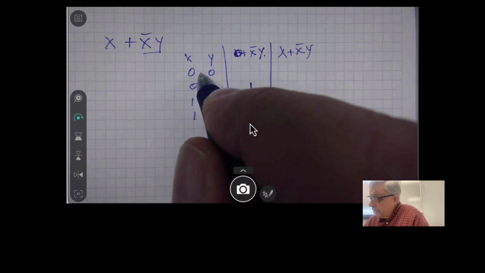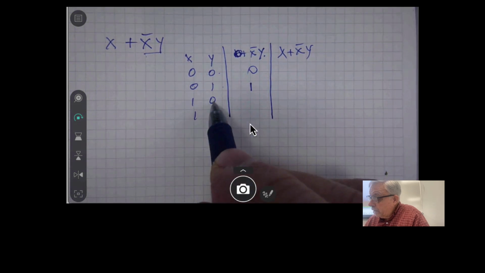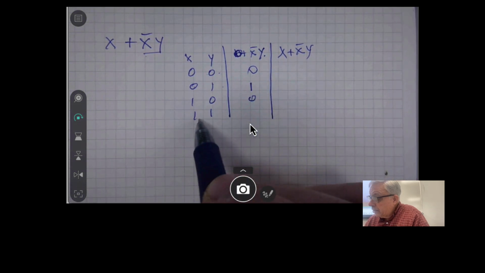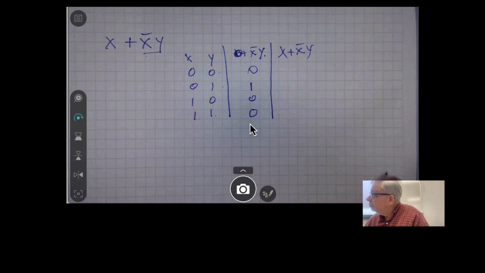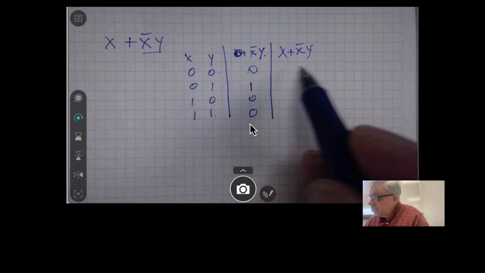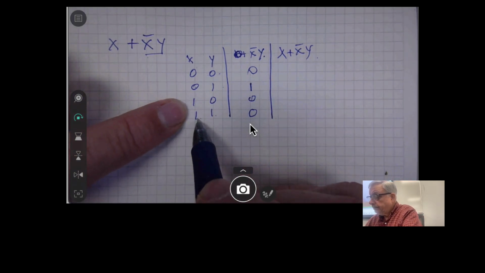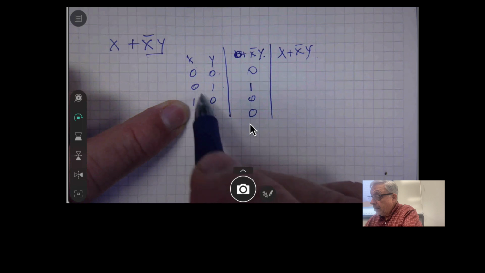From this, I know that X not Y here is a 0, X not Y here is a 0, X not Y here is a 0. So looking at the last column, when x is a 1, it happens twice.